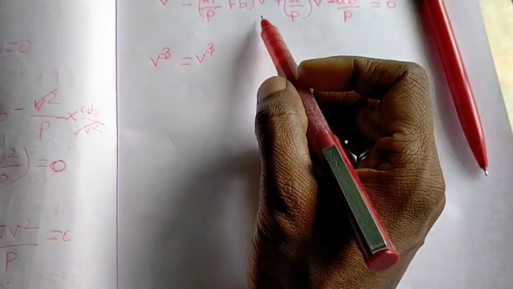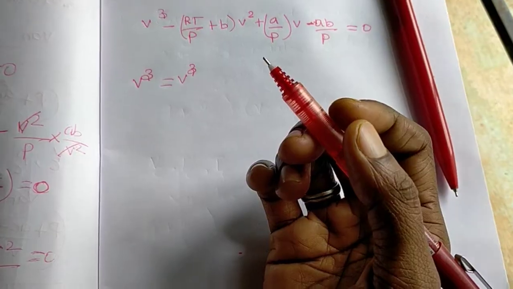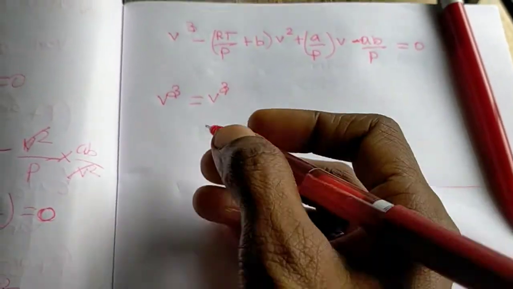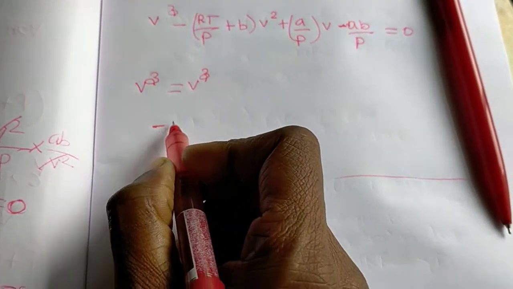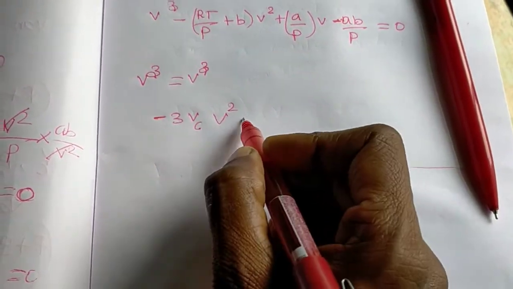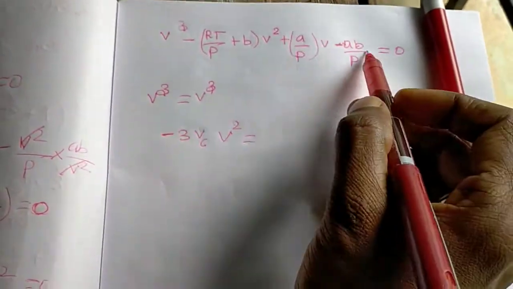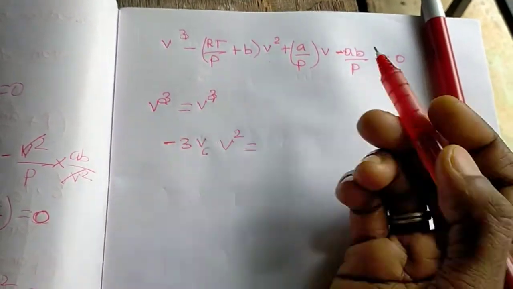So then equalize the V square term. Write the V square term of the cubic equation, minus 3Vc V square. Then equalize this with the V square term of equation 4. So what is the V square term?